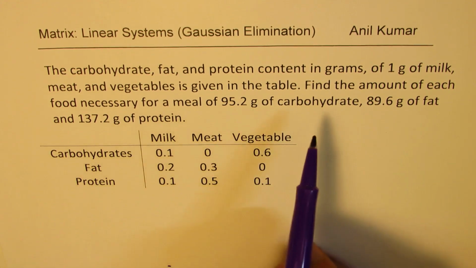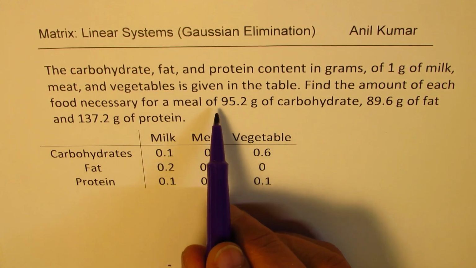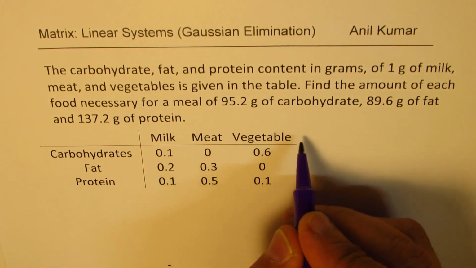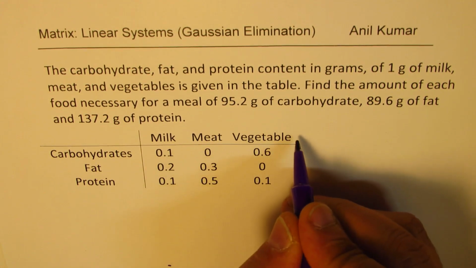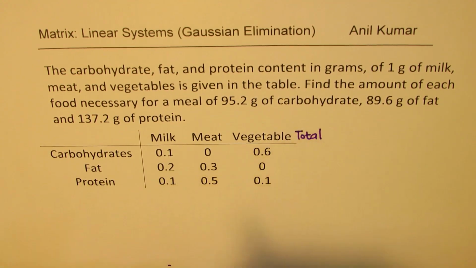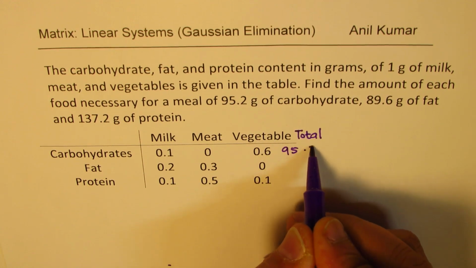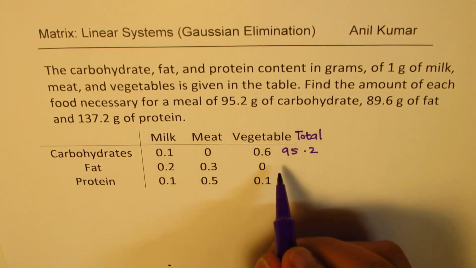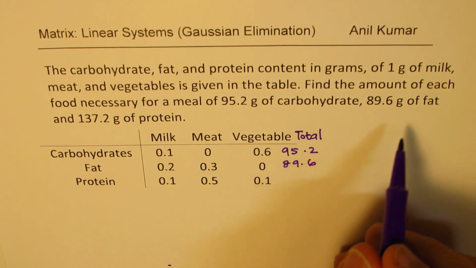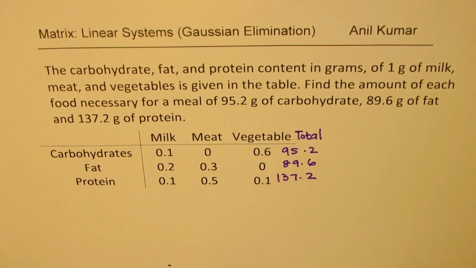Now, we need to find a combination which will give us 95.2 grams of carbohydrates. So let's extend this table and see how much total we want: 95.2 for carbohydrates, 89.6 as far as fats are concerned, and 137.2 grams of protein.